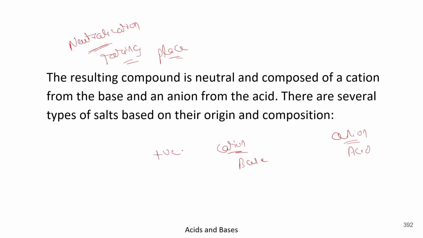Cation is always positive, anion is always negative. Also note down that the base donates the cation part, the positive part, the acid donates the anion part, the negative part, and then they both get combined together.